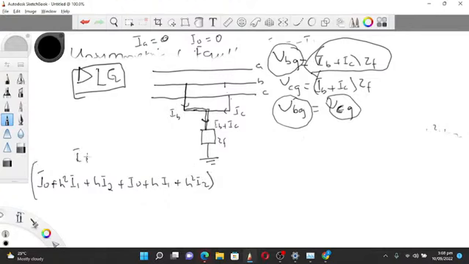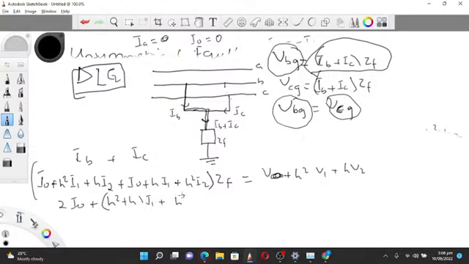This is IB plus IC. Multiplying by ZF, it should give you VBG, which is V0 plus H squared V1 plus H V2. If I simplify this, I'll get 2I0 plus H squared plus H times I1 plus H squared plus H times I2, all multiplying ZF.